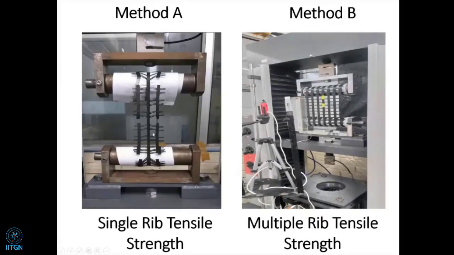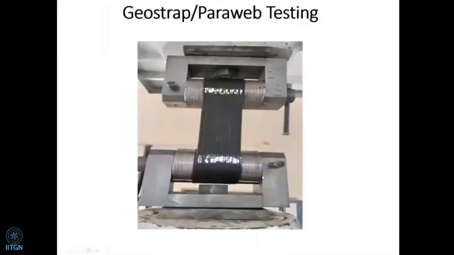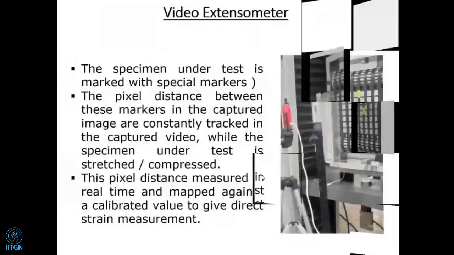Here only 1 rib is taking the load. So in method A, the reporting of the tensile strength is always in kilonewton or Newton, while in method B, it should be kilonewton per meter. Whatever total breaking force or tensile strength is coming, it should be divided by the total number of ribs in 1 meter width of the geogrid sample. So this is a very important point to keep in mind while reporting the results in both procedures.